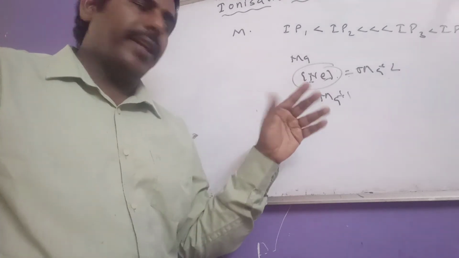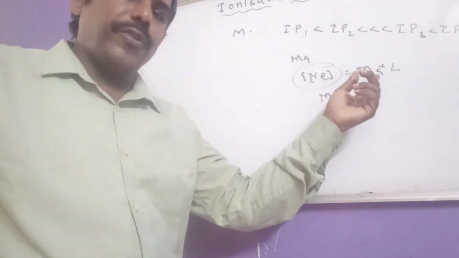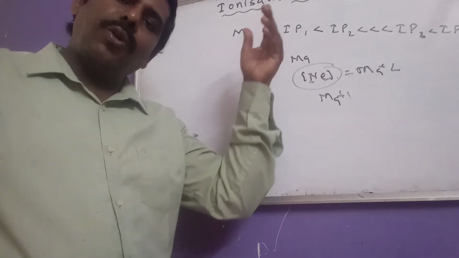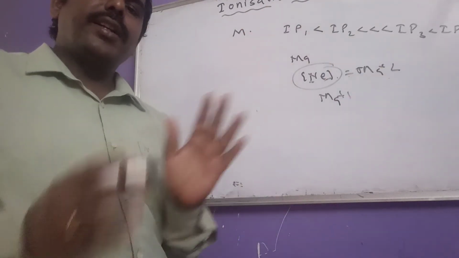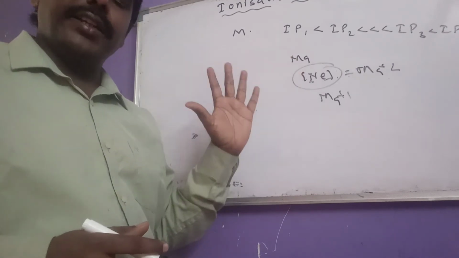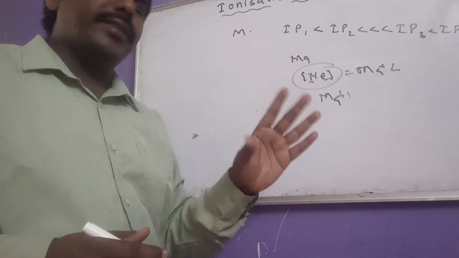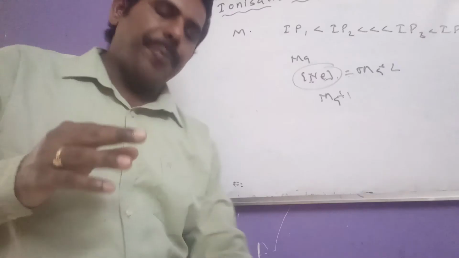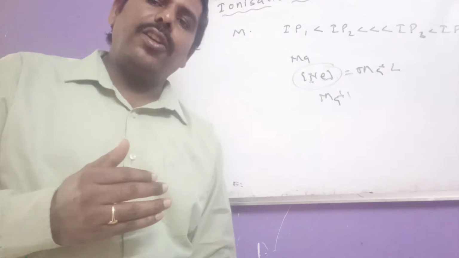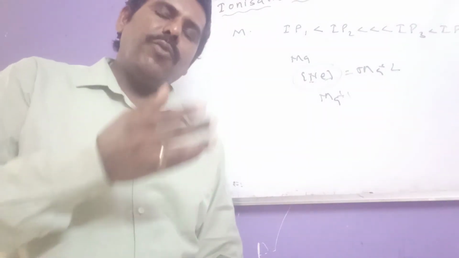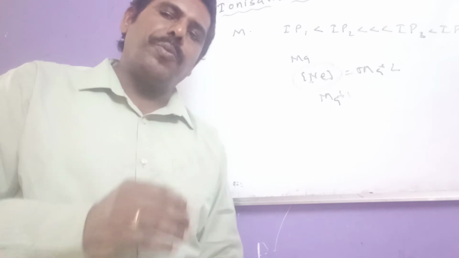To remove another electron from magnesium plus 2, we have to provide much more heat energy. That is why, in magnesium, there is a sudden energy gap between the second IP and the third IP. So after whichever IP value there is a sudden energy gap, we assume that as the group number.